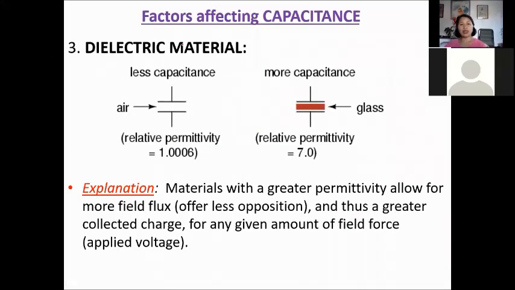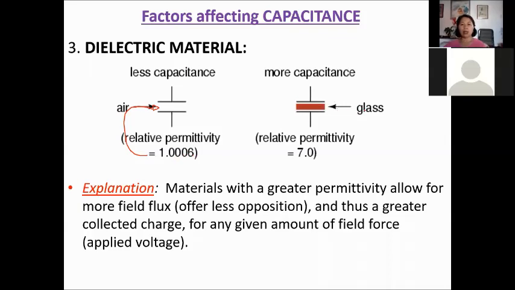So next is dielectric material. What is the effect of dielectric material on the value of capacitance in a capacitor? Okay, so as you notice, if air is our dielectric between two conductors, the dielectric constant of air is 1.006.